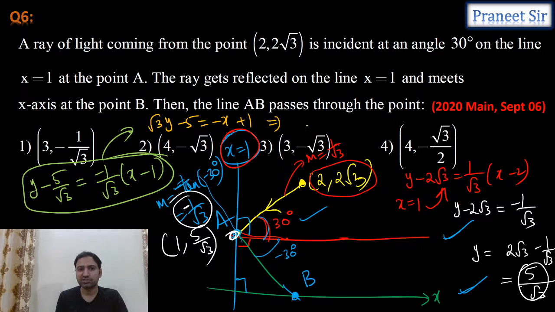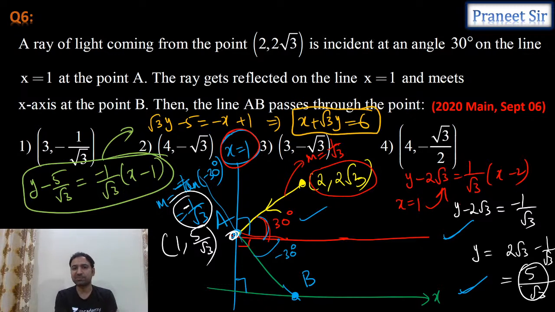So from this, x plus root 3 y equals 6. Yes, now you can verify the options, guys. Which option is satisfying, you can verify it. x plus root 3 y.